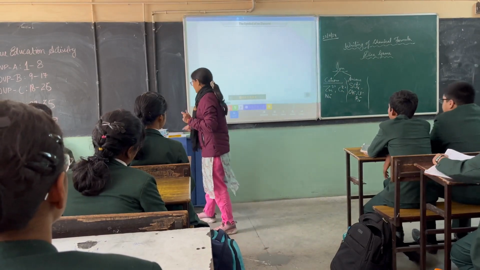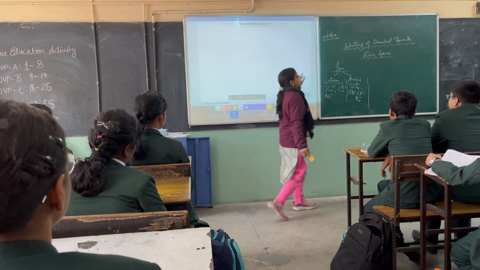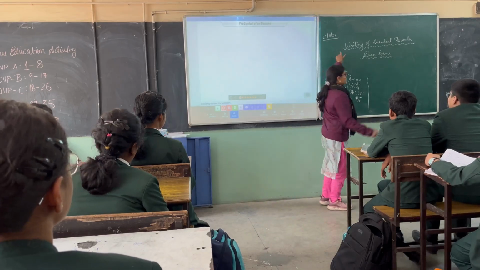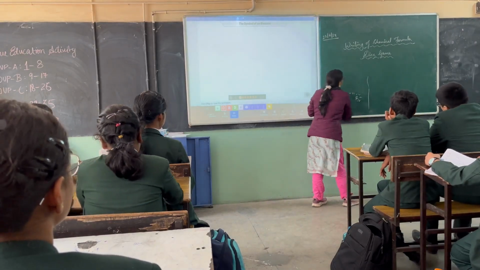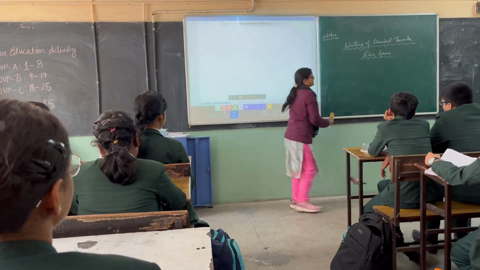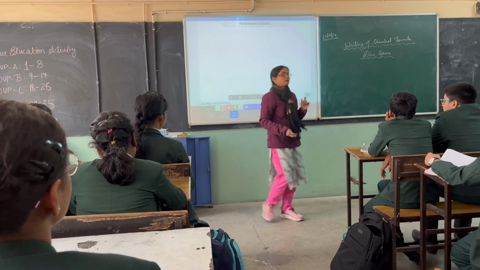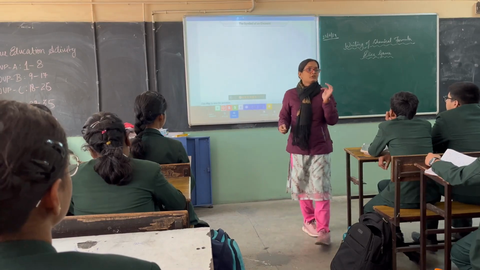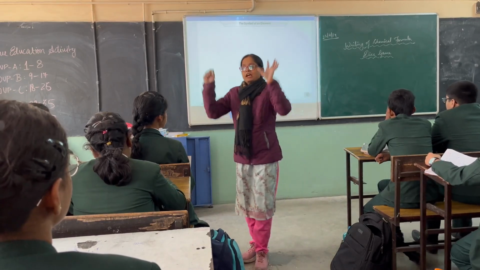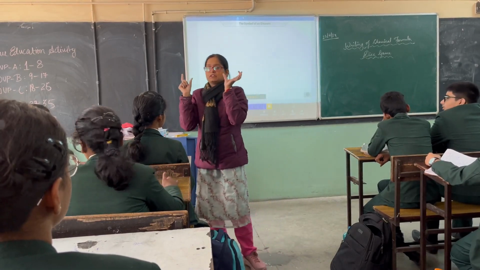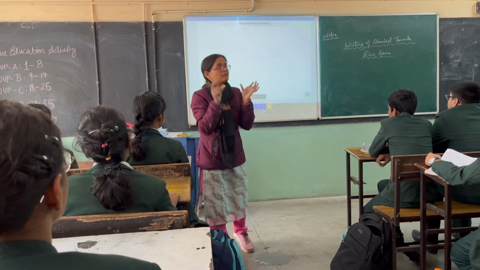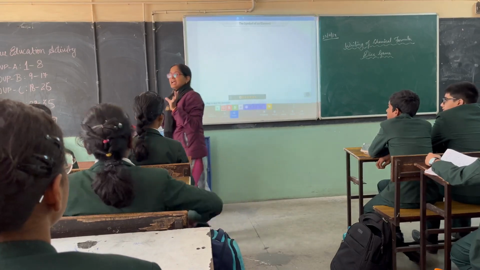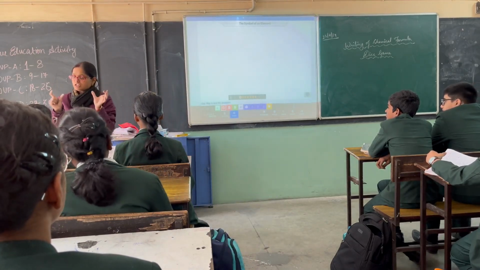Okay. So next we will learn today how to write chemical formulas. First of all, what do we do? Suppose I give you 2-3 examples. The rules are we will write the name of the compound whose formula we want to write, and then we will write their symbols.